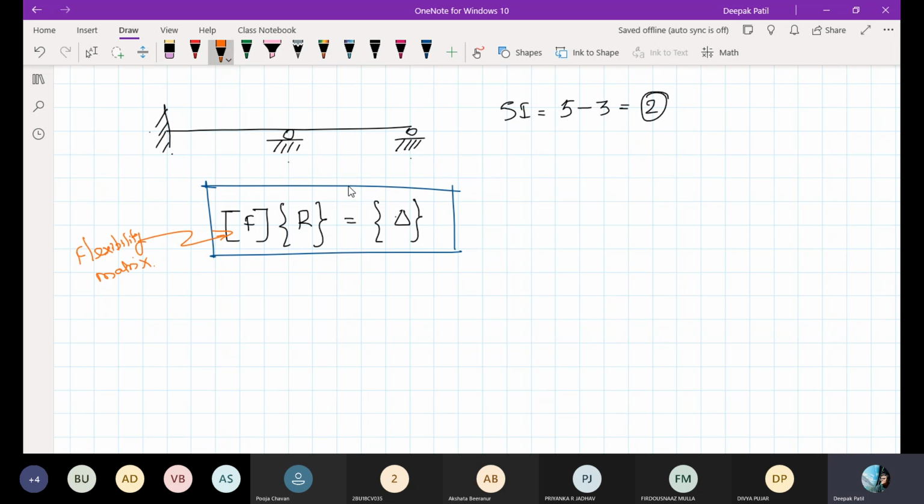This is called the redundant vector matrix, and this is called the displacement vector matrix.